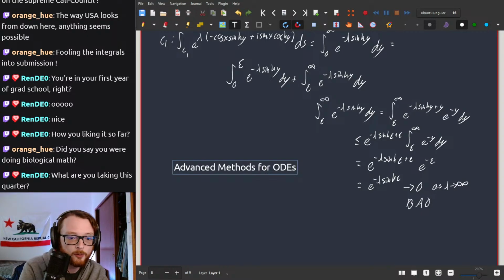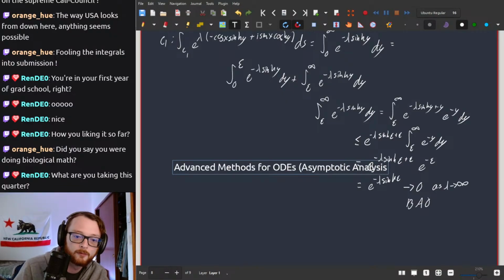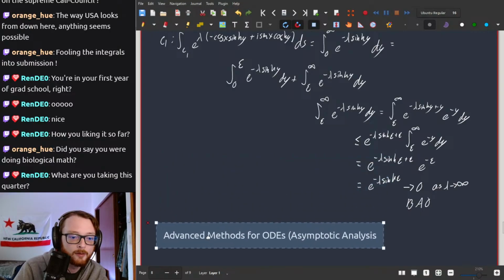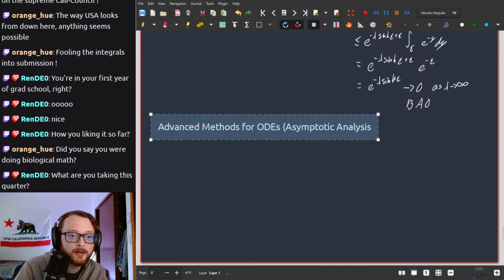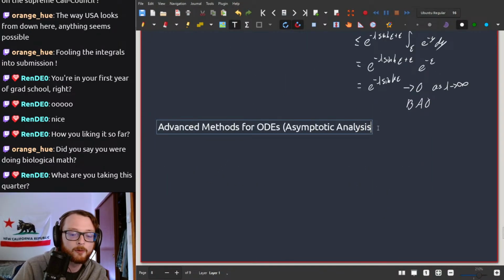We've hardly solved any ODEs yet. If I were to rename this class, I would call it asymptotic analysis, because we're halfway through the class and haven't done a single differential equation. Well, okay, no, we've just started to do them now.